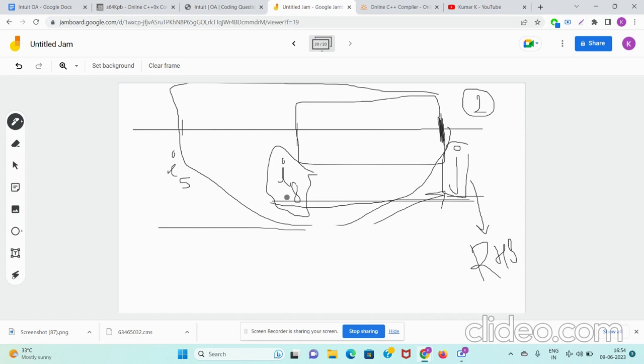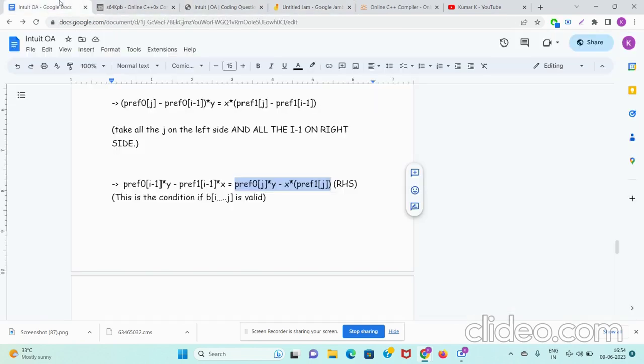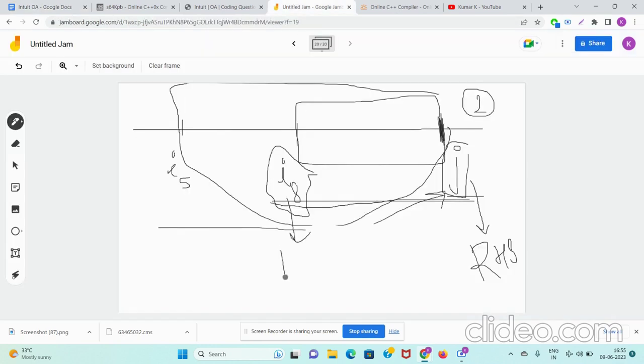Now you calculate the LHS. For I8, it will be pref 0 of I8 minus 1 into y minus pref 1 of I8 minus 1 into x. So this will be the LHS. Let this LHS be L1, and let the other LHS be L2.